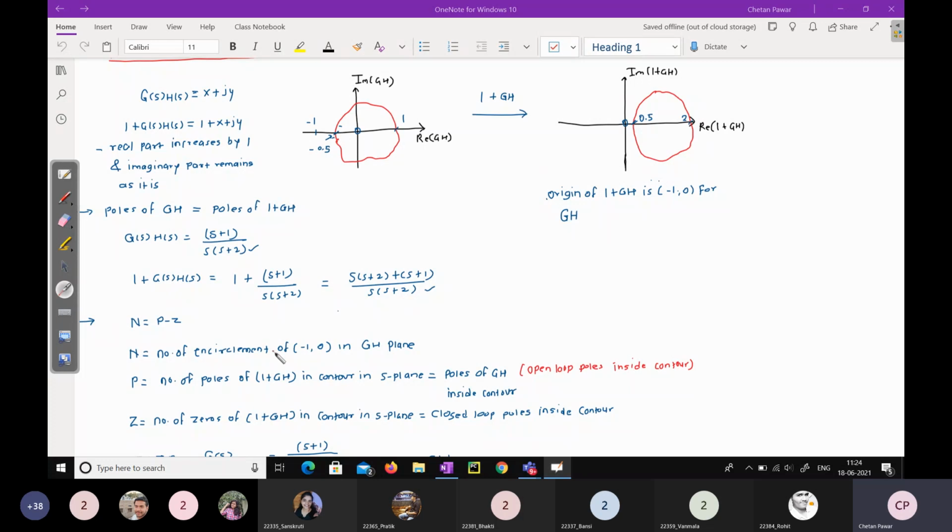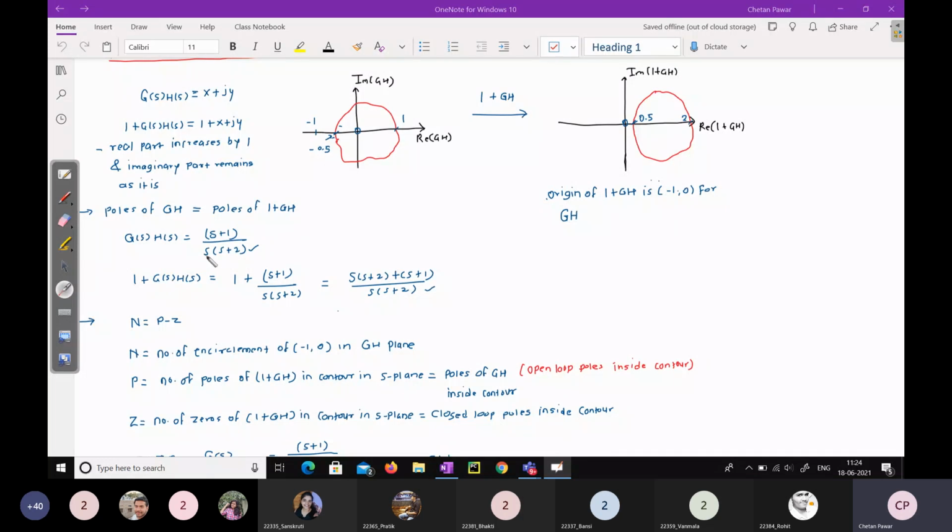Just now we have seen. So I will check the encirclement about the minus 1, 0 point in the GH plane, and here P will be the number of poles of 1 plus GH. The poles of 1 plus GH are equal to the poles of the open loop transfer function.